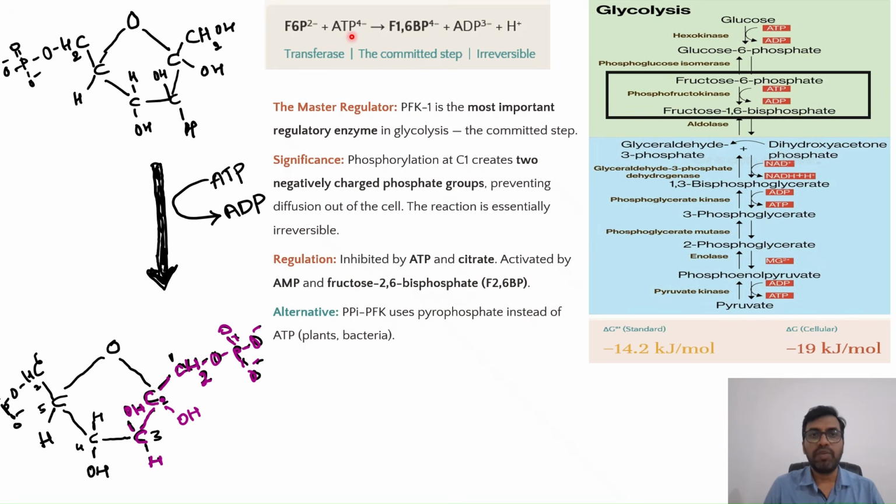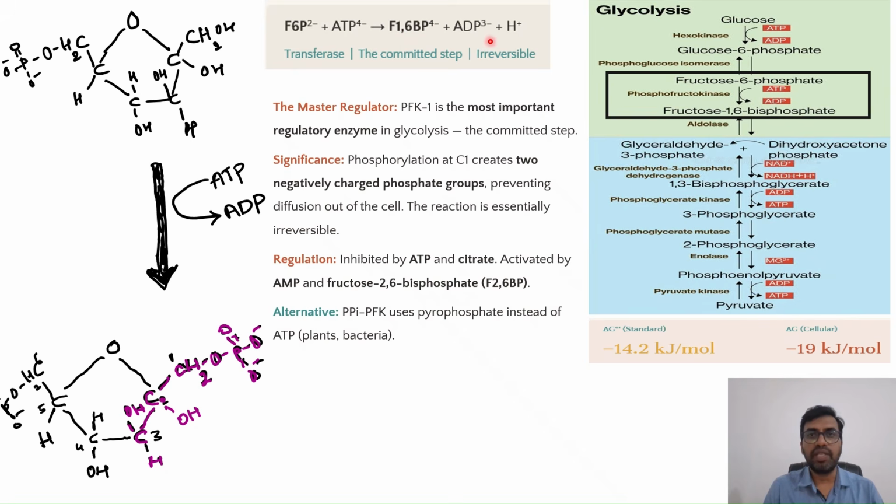Now ATP 4 minus, because in ATP there are 4 oxygen atoms which carry negative charge, and then that will become fructose 1,6-bisphosphate, again 4 minus here, because if you see here, there is negative charge 1, negative charge 2, negative charge 3, and then another oxygen here which carries negative charge 4. Because of that, we have written fructose 1,6-bisphosphate 4 minus.